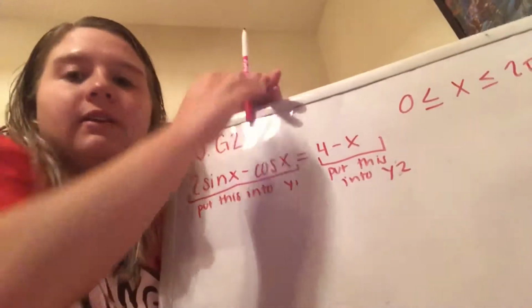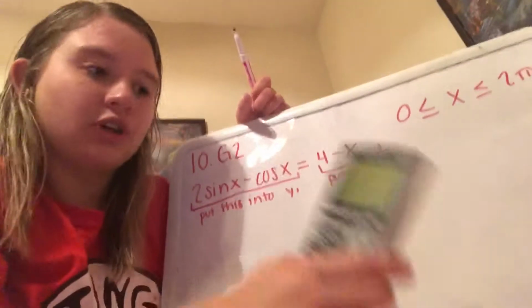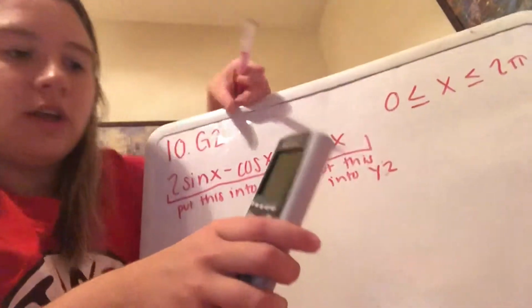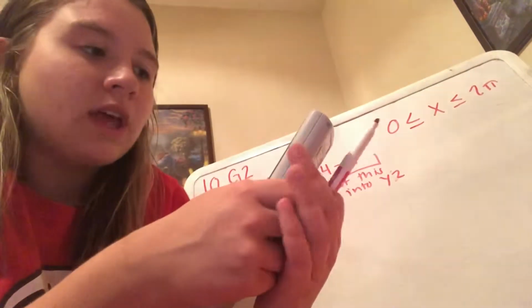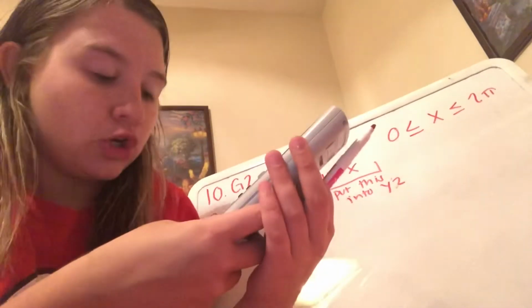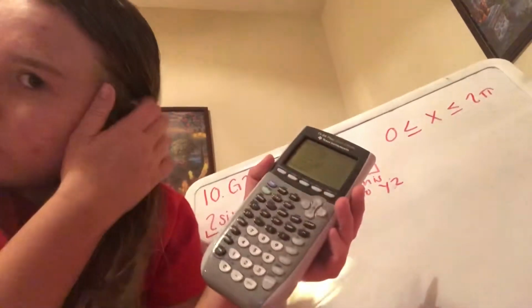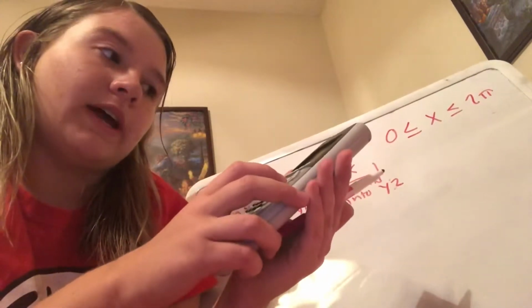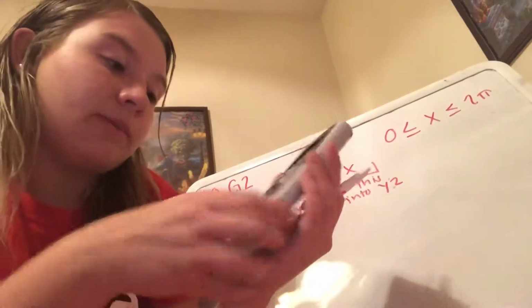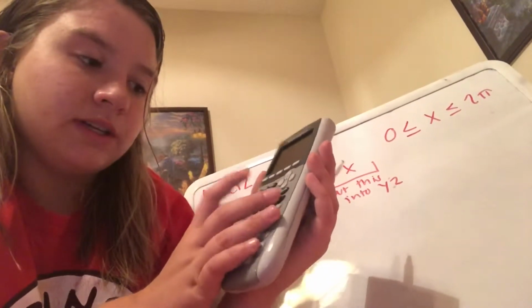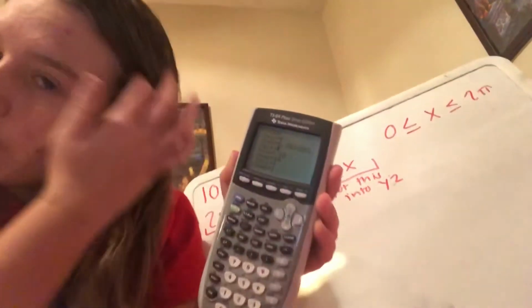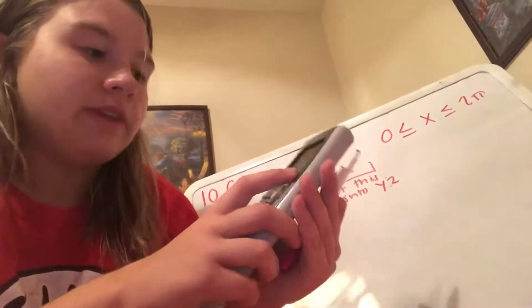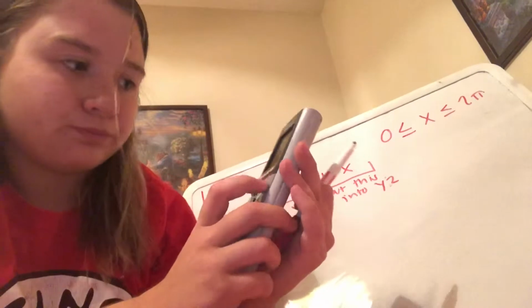Go to window, next to y equals, and for x min put 0. For x max type in 2 pi, using 2nd and the caret button, and hit enter. Then hit graph.